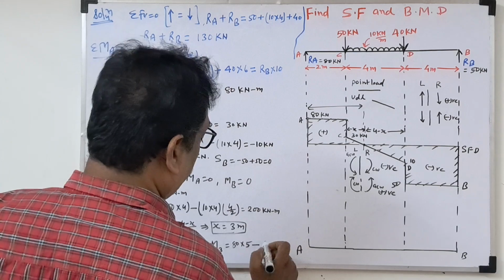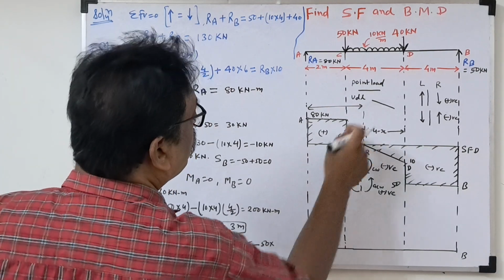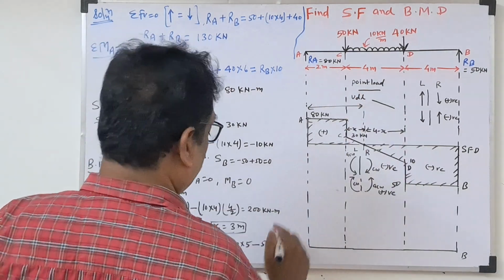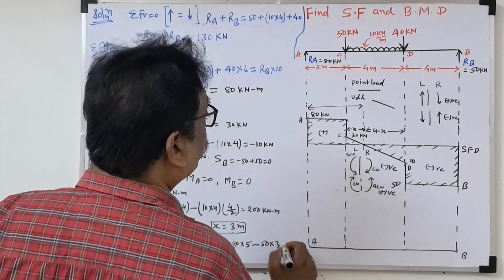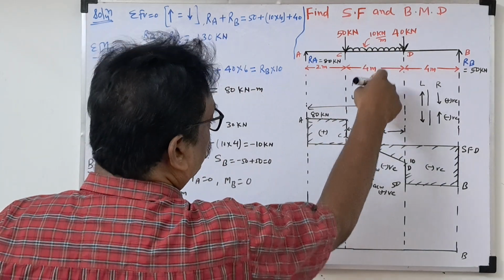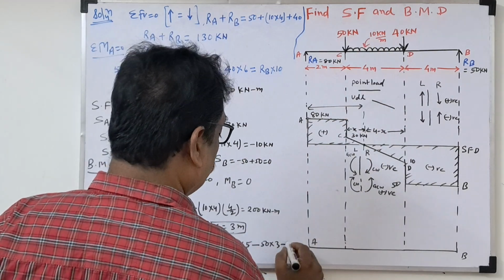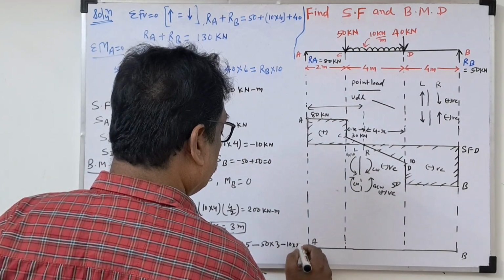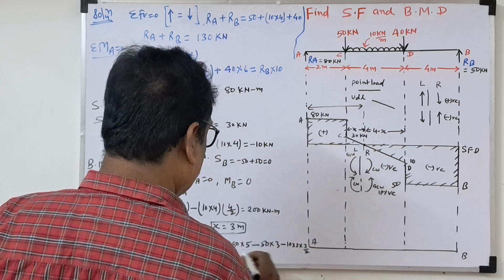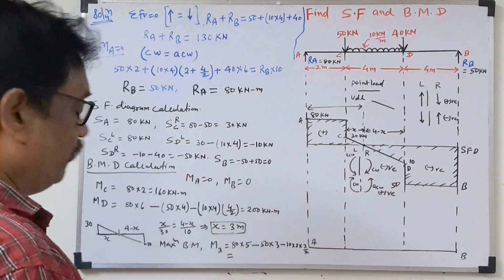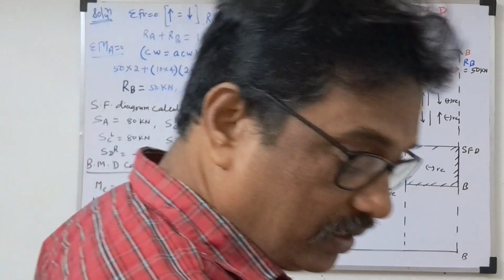Minus 50 into 3, then minus the UDL, which over 3 meter is 10 into 3 into 3 by 2. This gives the bending moment at 3.